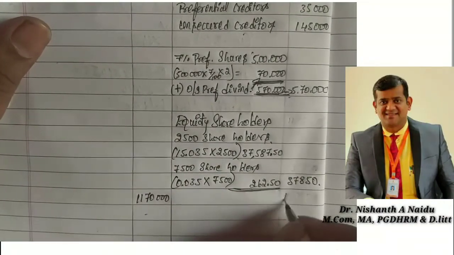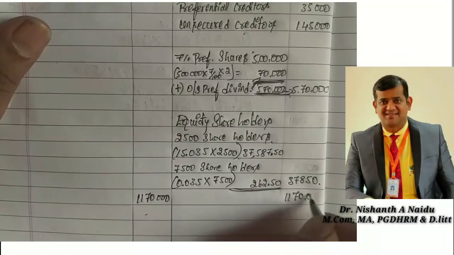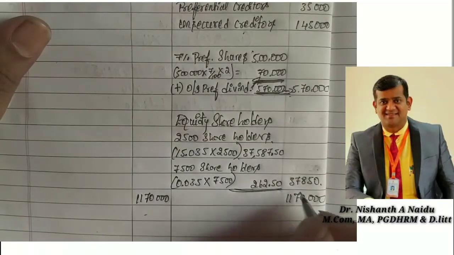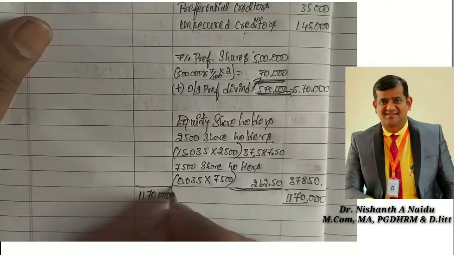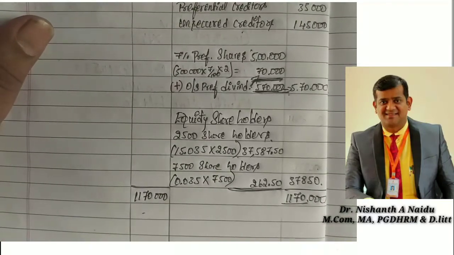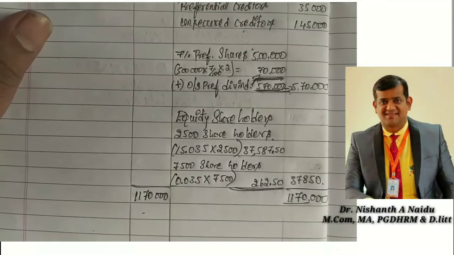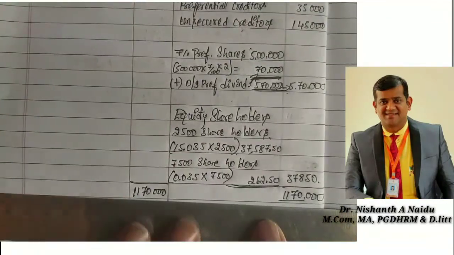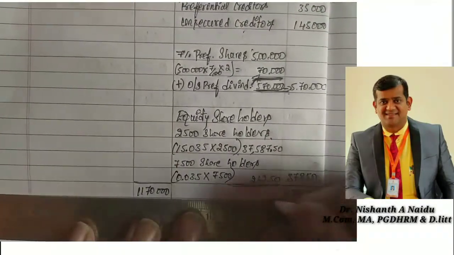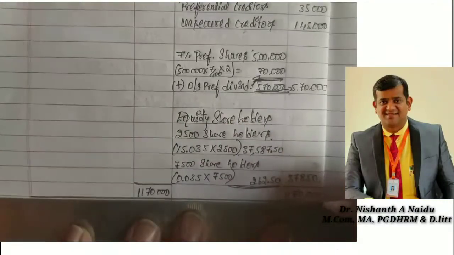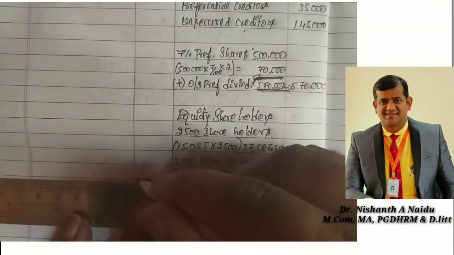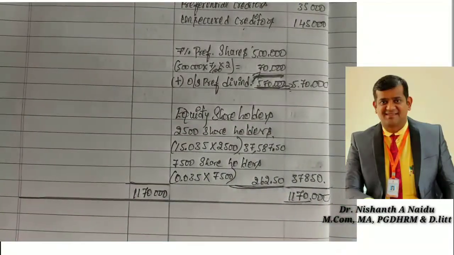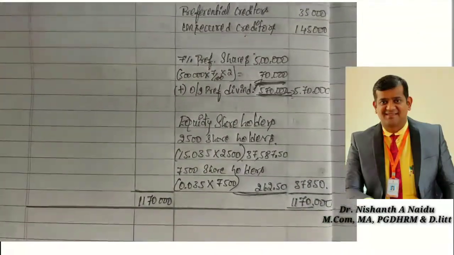You can cross check it with the total. So I'm closing the table. This is the same old methodology we have followed.